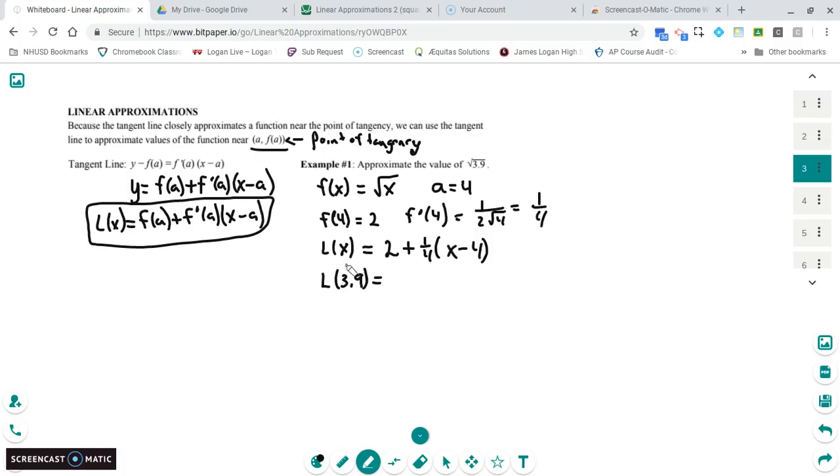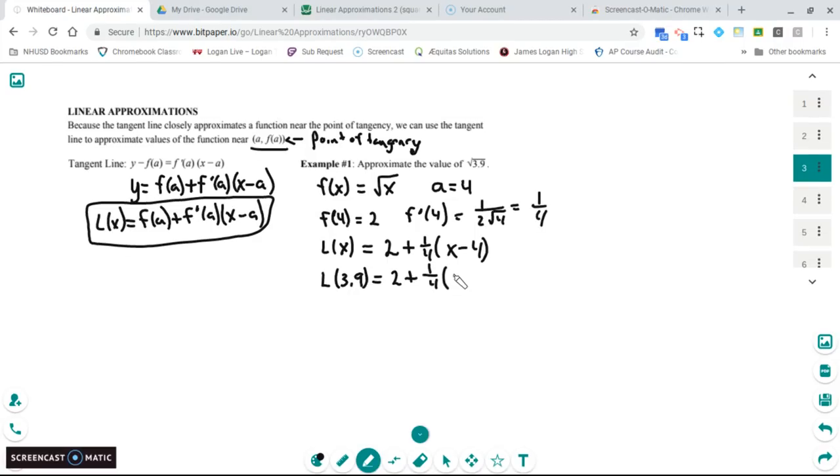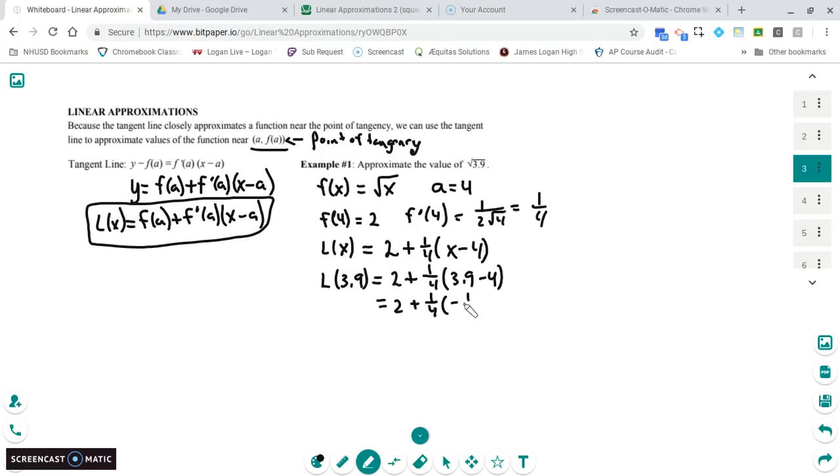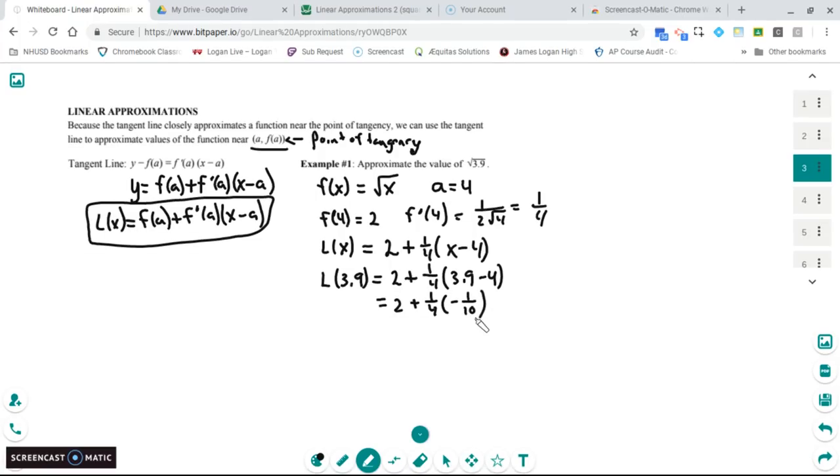plug it into the linear approximation, and that gives me 2 plus 1/4 of 3.9 minus 4. All right, and so now I evaluate that, 2 plus 1/4. Well, 3.9 minus 4, that's negative 1/10. So I'll write it in this form so I can multiply it by the fraction.